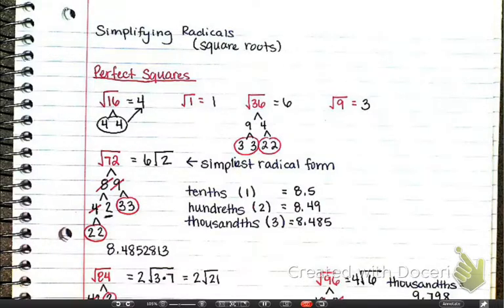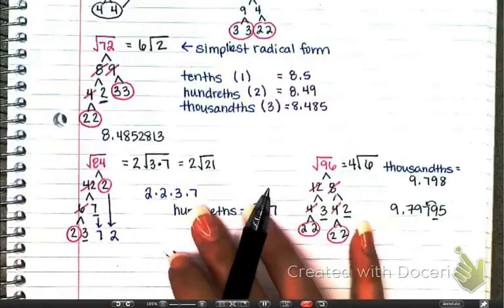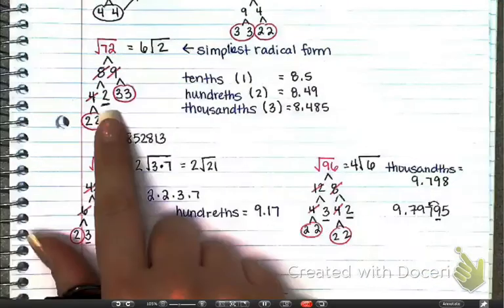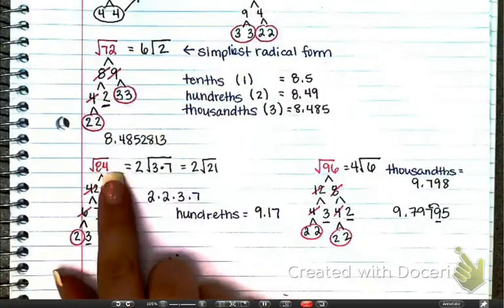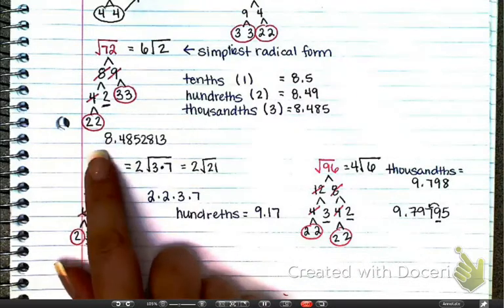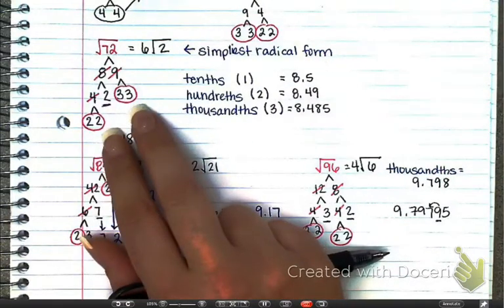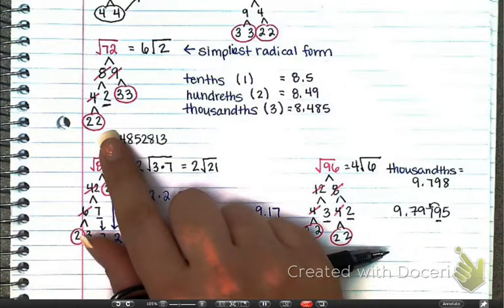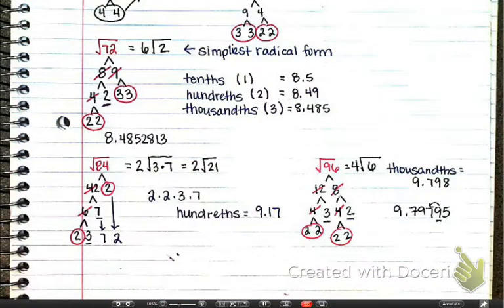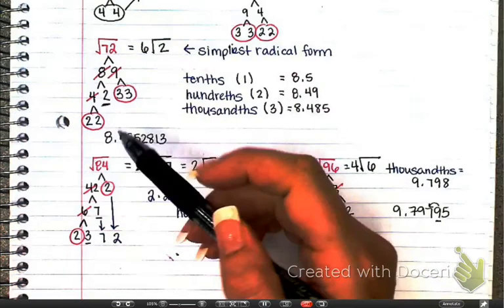We also dealt with problems that were not perfect squares. Remember, we created a factor tree. We circle our pairs. What happens with the pairs? What do we do with the pairs? You multiply them together, and then where do they go?